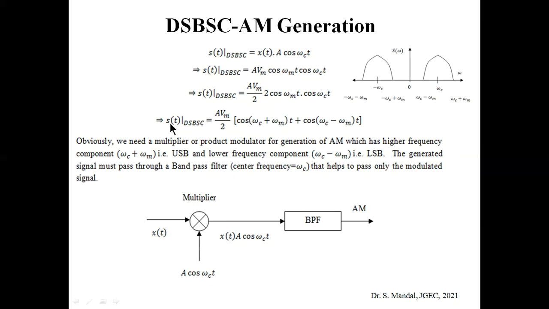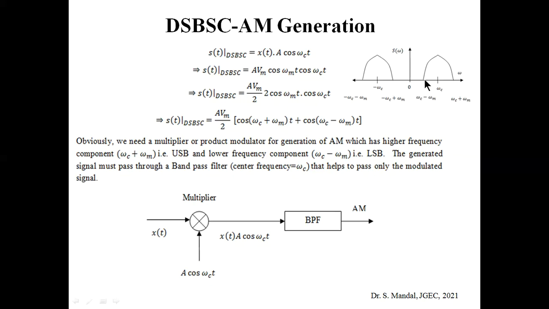So ultimately the equation becomes A Vm by 2 into [cos (omega_c plus omega_m)t plus cos (omega_c minus omega_m)t]. From this equation it is clear that omega_c plus omega_m is the higher frequency component or USB, and omega_c minus omega_m is the lower frequency component or lower sideband, LSB.